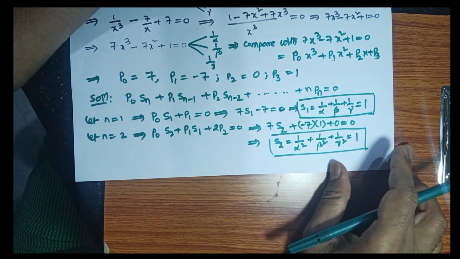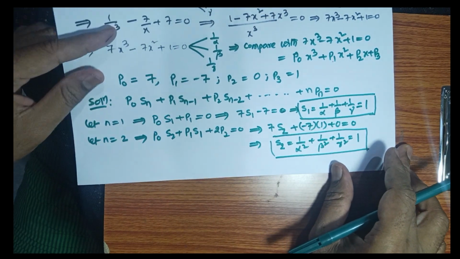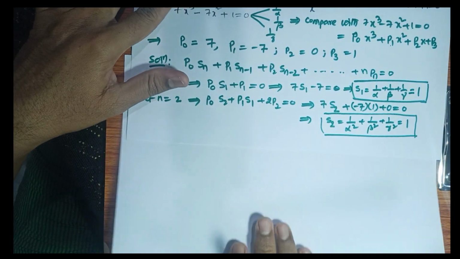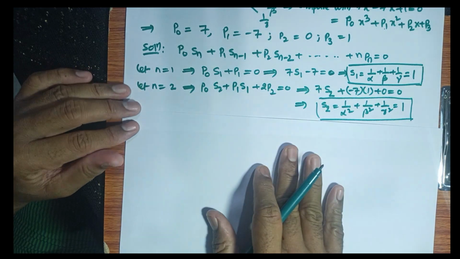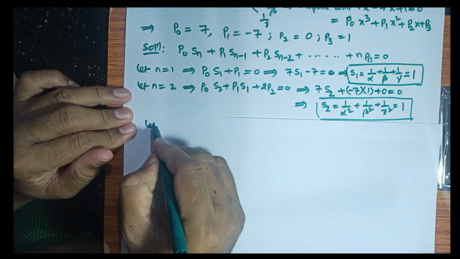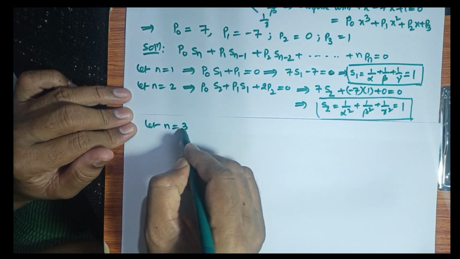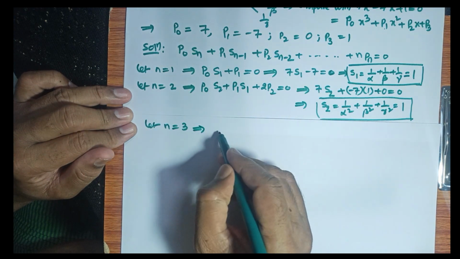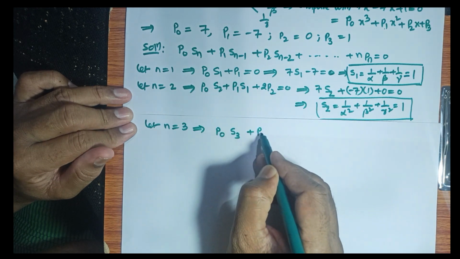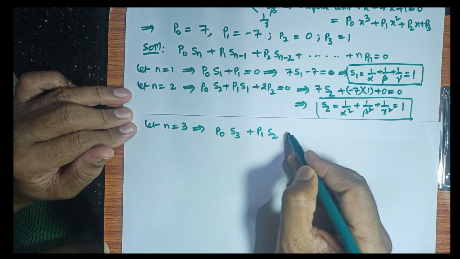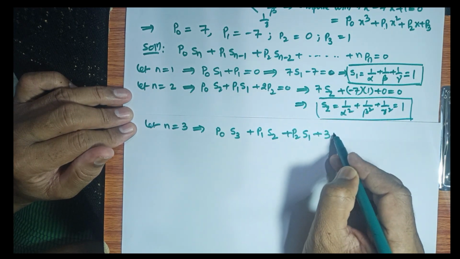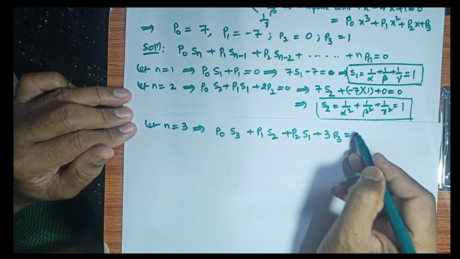Now we have to take n is equal to 3. Let us consider n is equal to 3. N is equal to 3 means it will be P naught S3 plus P1 S2 plus P2 S1 plus 3P3 is equal to 0.